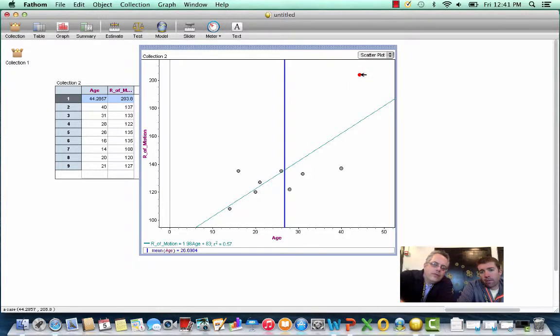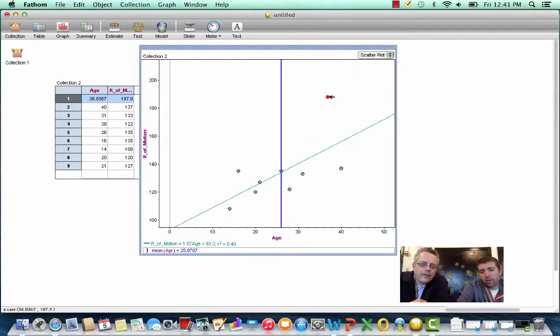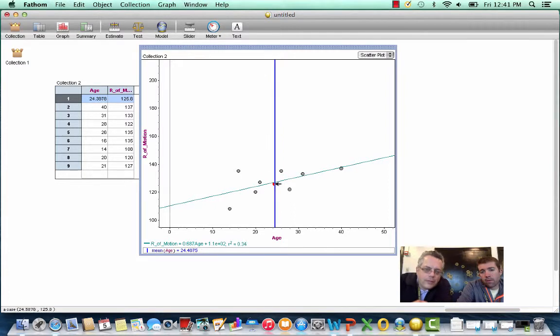So Mr. Lewis, could you move the red point in the middle of the pattern? Let's start down here. That's kind of what the directional line would be without an outlier. And it looks like the slope is 0.68. Yeah, 0.68. Mr. Lewis is going to move it straight up and see how the slope is affected.